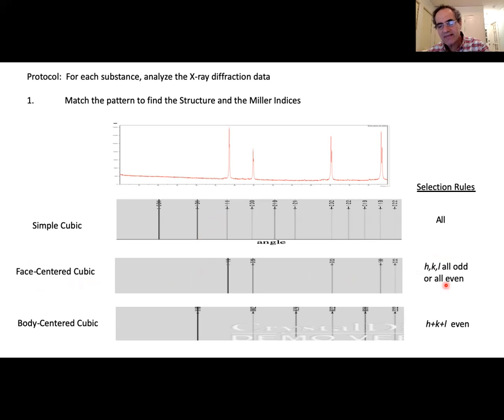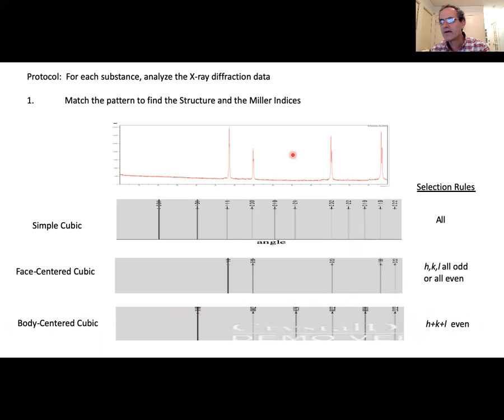If you want to know where that selection rule comes from, you're going to have to dig into the theory of X-ray scattering a little bit further than we're going to in our course. But this is the selection rule for a face-centered cubic structure. For body-centered cubic, again, it's the same set of lines, but now the selection rule is different. Here we only see lines where h plus k plus l adds up to an even number. So these give us distinct patterns.